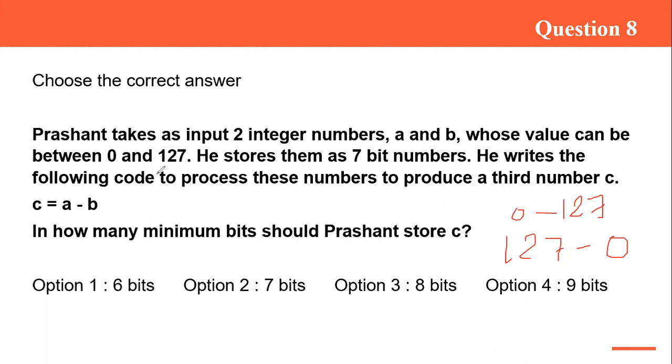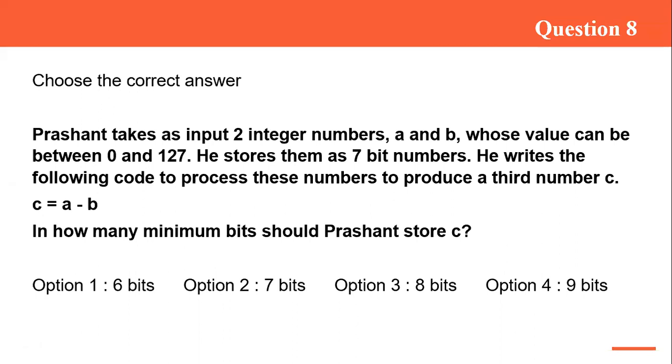Because of minus 127, I need 8 bits. I can get both negative and positive results, so I have to consider 8 bits as the answer. To represent the sign also, the number should be 8 bits, because the result can be negative, and they didn't mention otherwise.